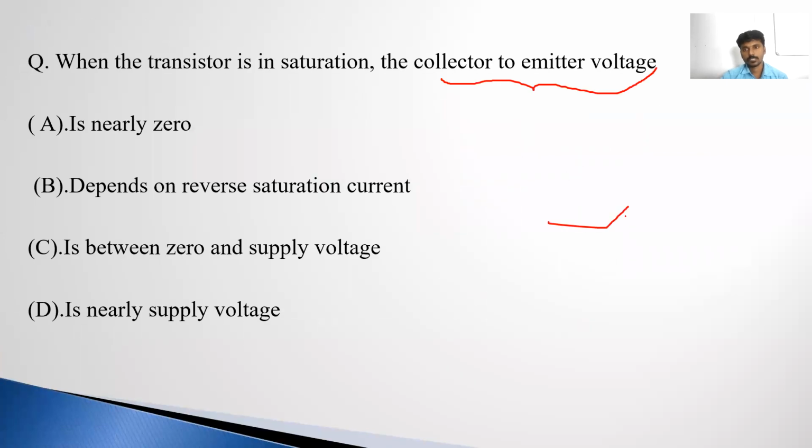What about the voltage across the switch? V is equal to zero, right?